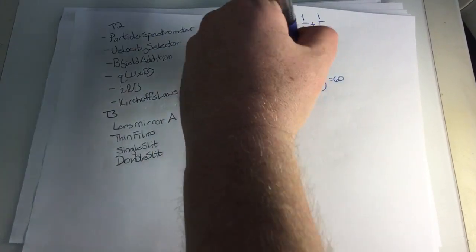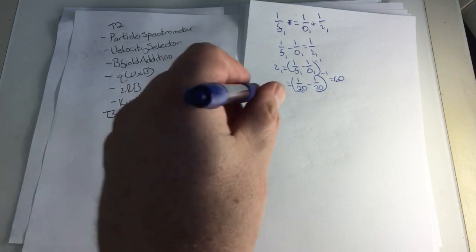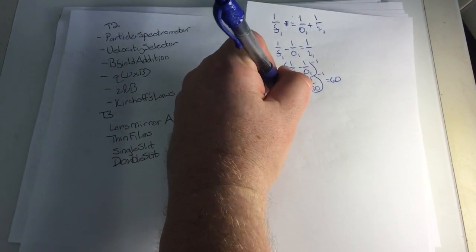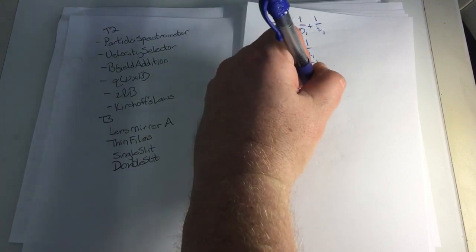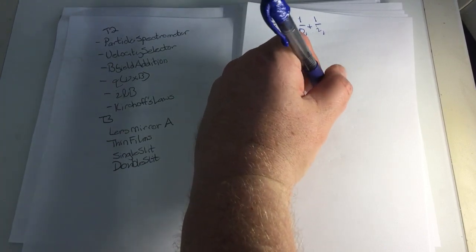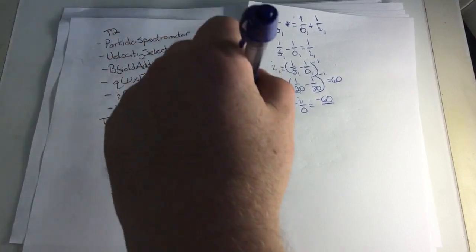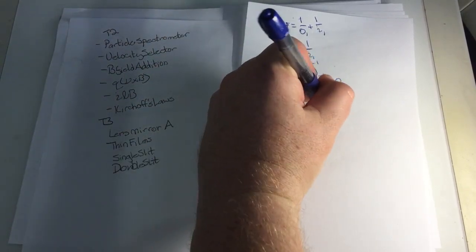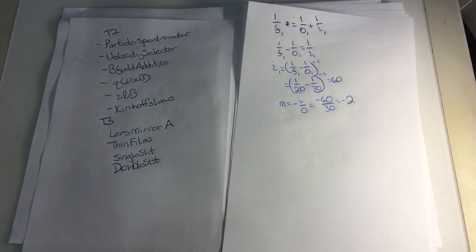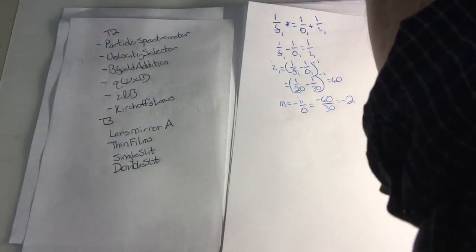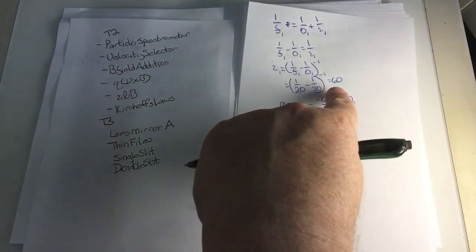So that is the image 1 distance. The magnification of this is negative 60 over object distance, which is 30, so negative 2. Pen's not dying. So that's the distance.